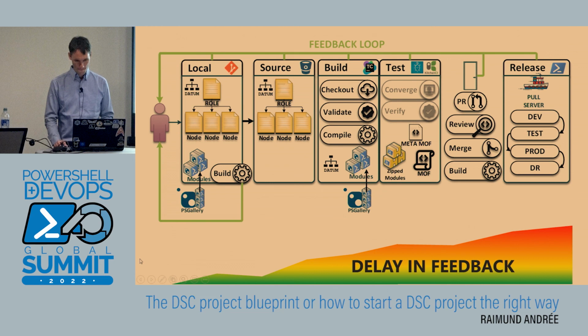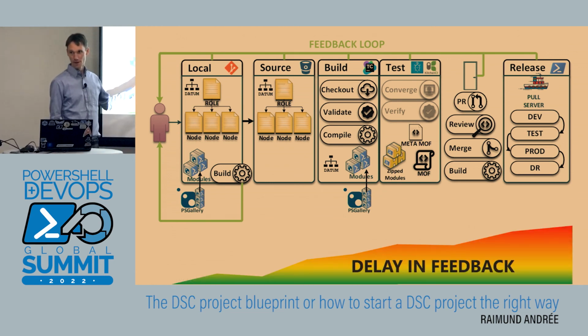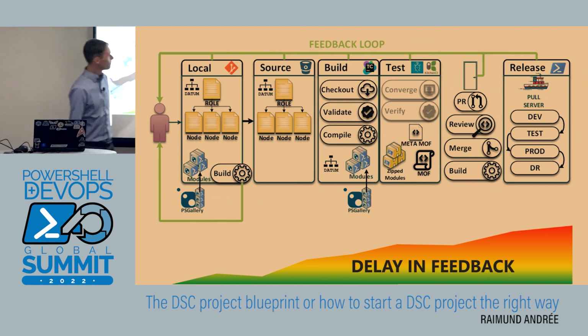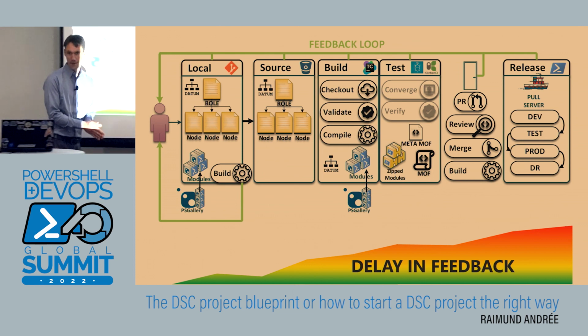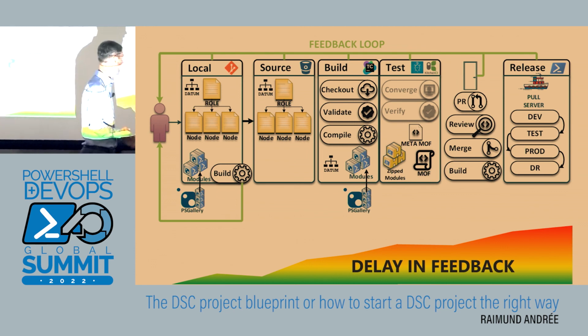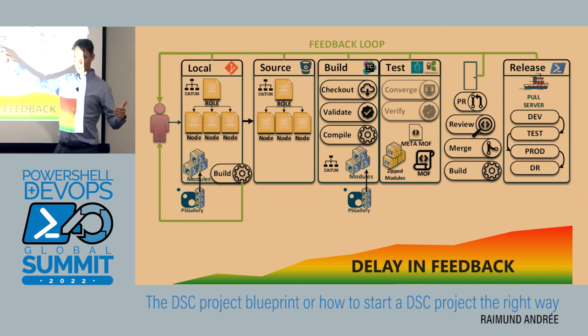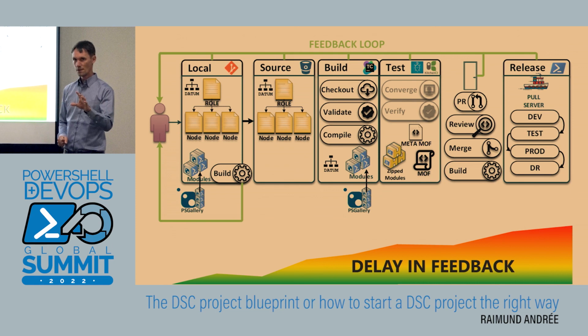Okay, back to the pipeline. So fail fast, that means our feedback loop should immediately catch a problem. Here we did very much upfront, even before pushing the change. If you have pushed a change, then you hopefully have a bunch of Pester tests that make sure that the configuration works. And I can't demo this in this lab, but usually this should be a test that spins up a machine, tries to actually apply the MOF file to the machine, and then verifies if the MOF file could have successfully turned the machine into the desired state, right?